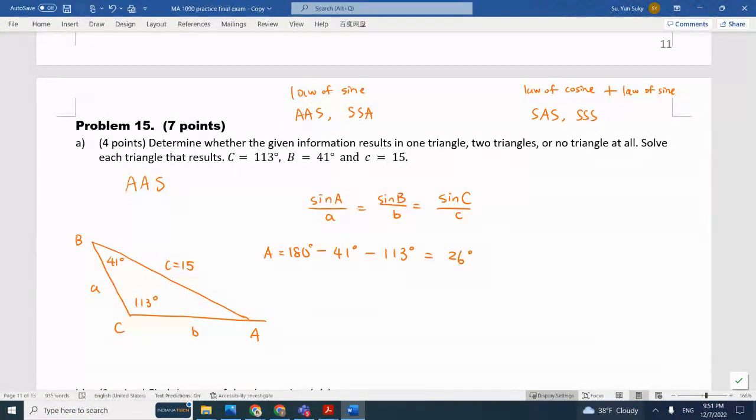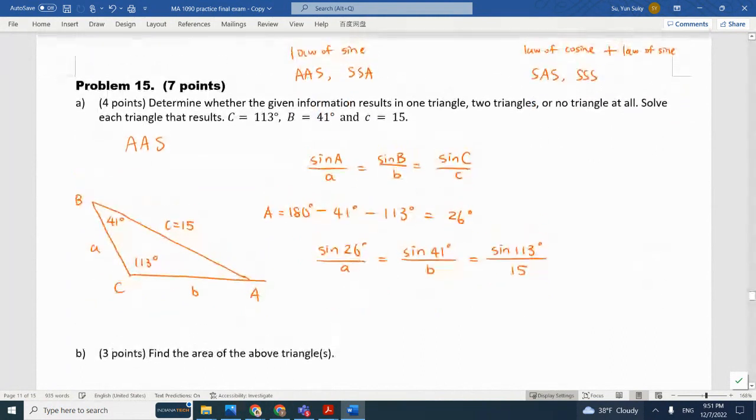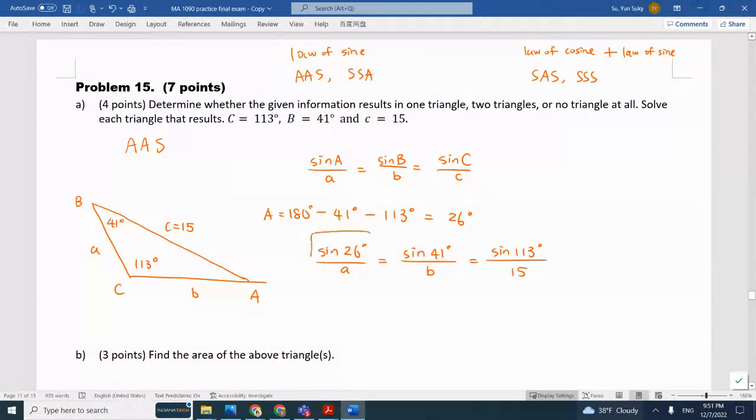Plug in angle A, 26 degrees, side a we don't know yet. Angle B, 41 degrees, side b we don't know yet. Angle C, 113 degrees, side c, 15. Let's find a. Cross multiply. a sine 113 degrees equals 15 times sine 26 degrees. To find a, divide by sine 113 degrees.